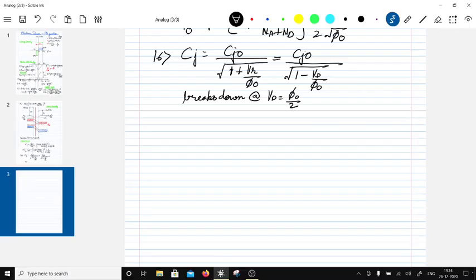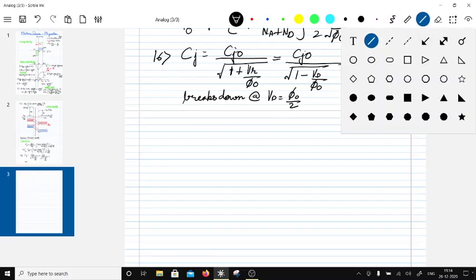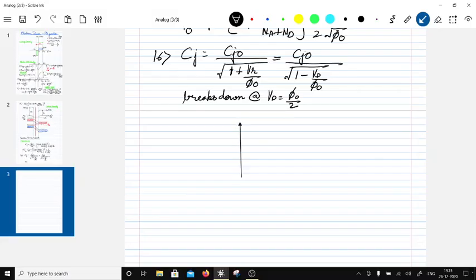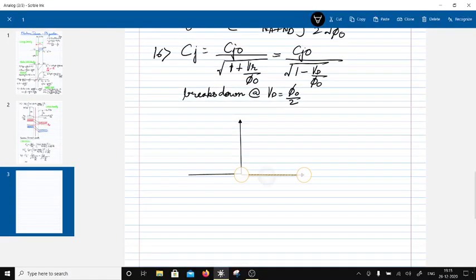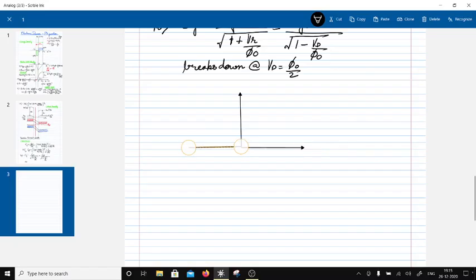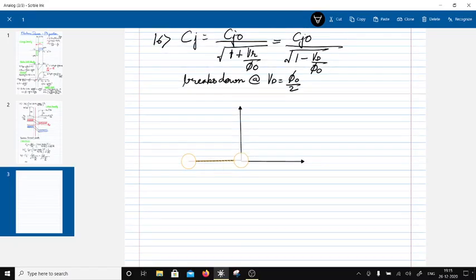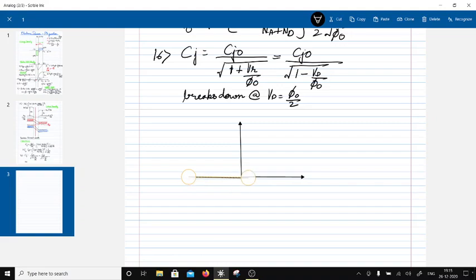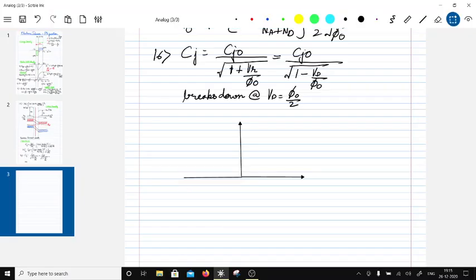Okay, so now let's draw this. Let's assume that I have capacitance on this axis and I have Vd on this axis, and let's extend this. Okay, that looks better.